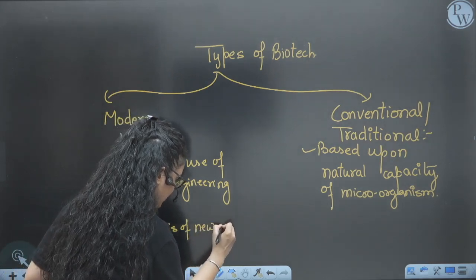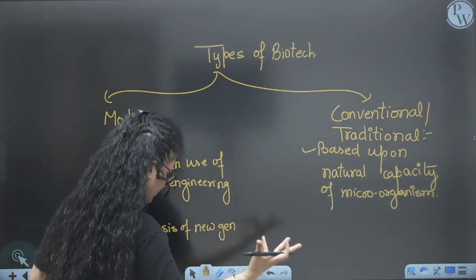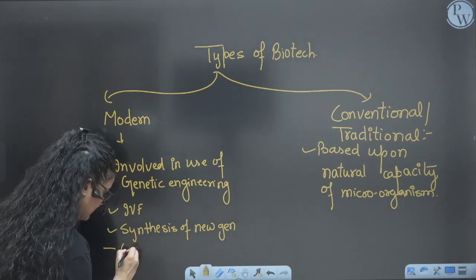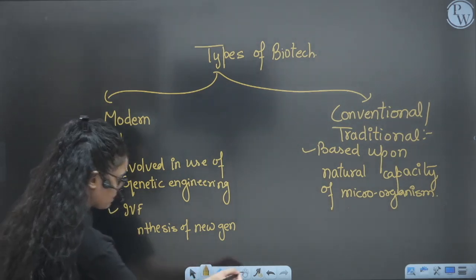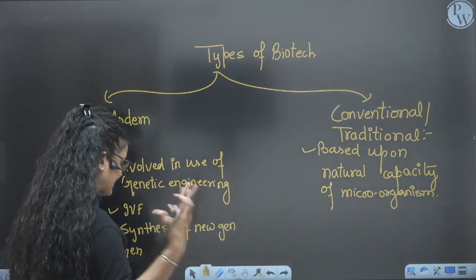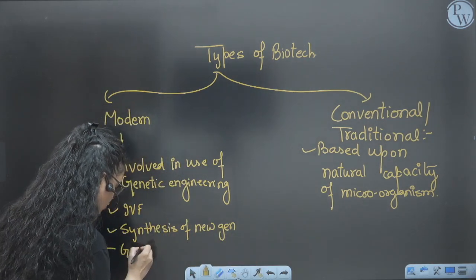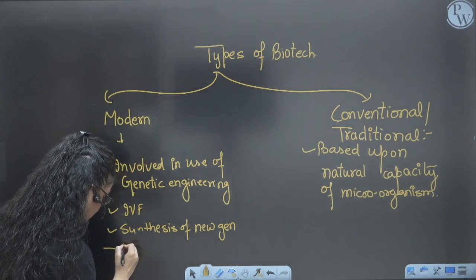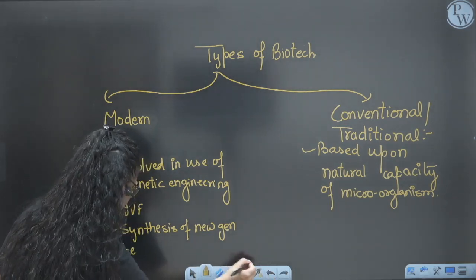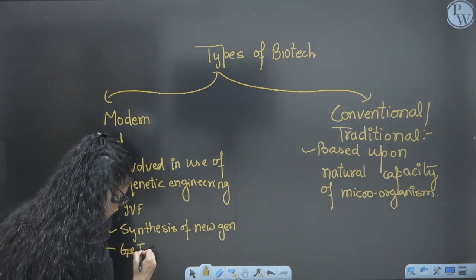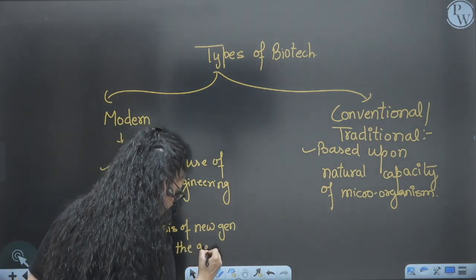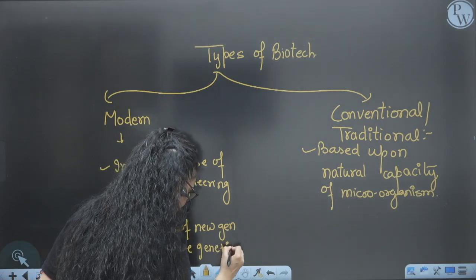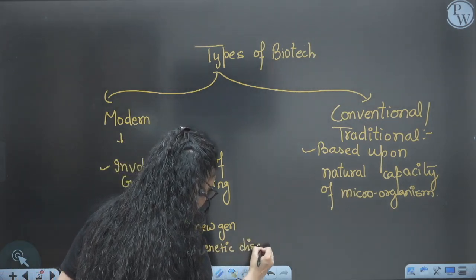Next is the synthesis of new genes and using them for our benefit. Next is treating certain diseases. Suppose a person has a genetic disorder, we can treat it also, right? It is used to treat genetic disorders, or we can correct the disorder.